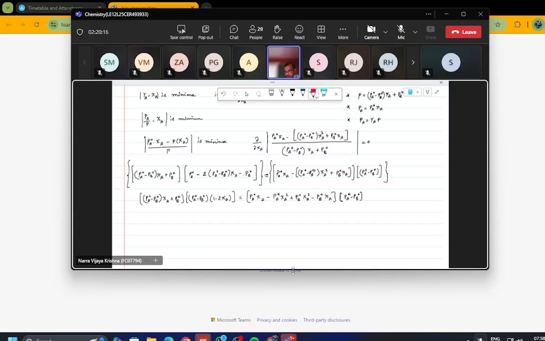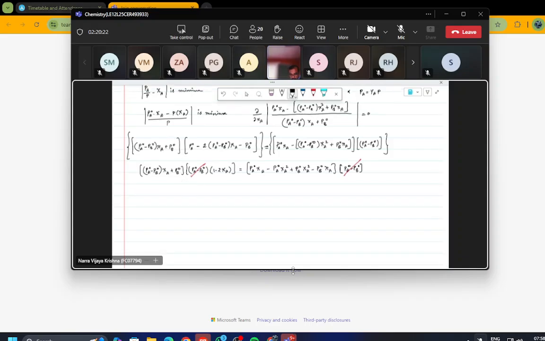Can I cancel this Pa naught minus Pb naught? Correct? Now multiply Pa naught minus Pb naught into Xa plus Pb naught, minus 2Xa times of this. So 2 into Pa naught minus Pb naught into Xa square, again minus 2 Pb naught into Xa, is equal to this whole term.